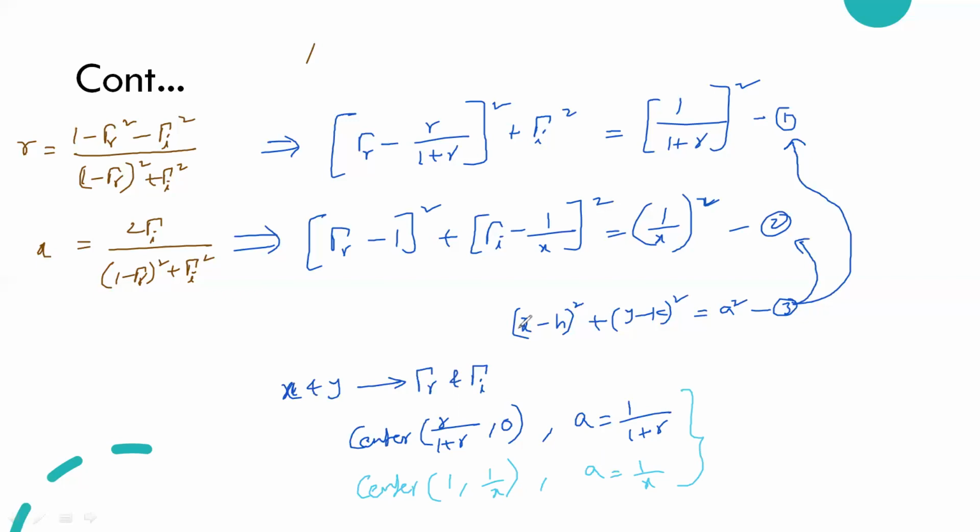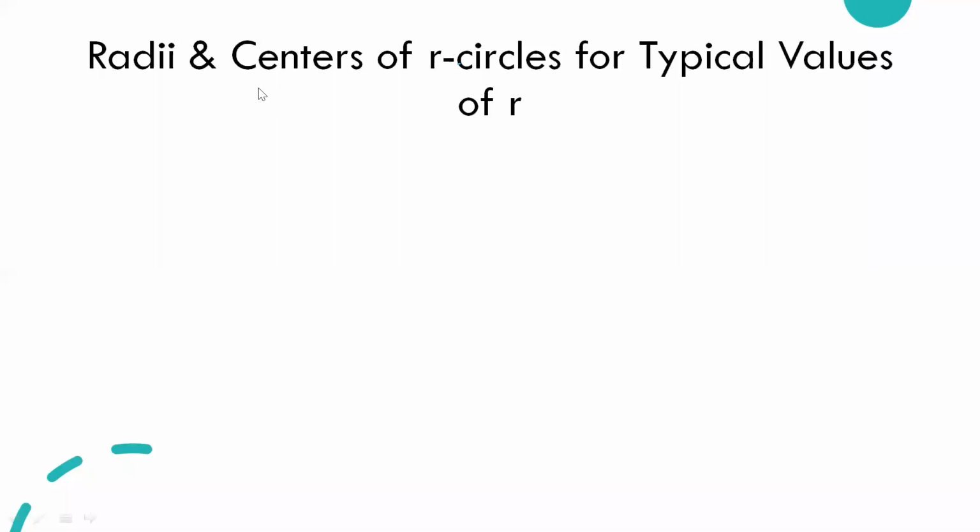In continuation, we are going to look into what kind of circles we can see, that is, resistance circles with different radii and different centers.